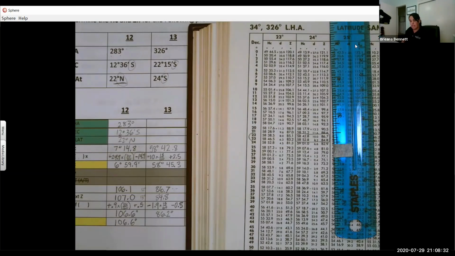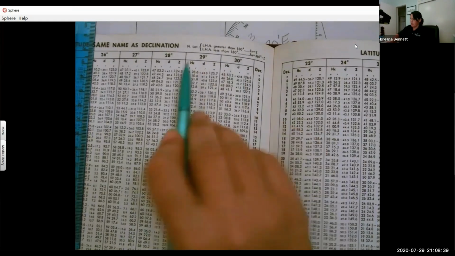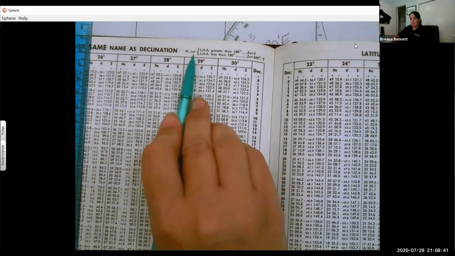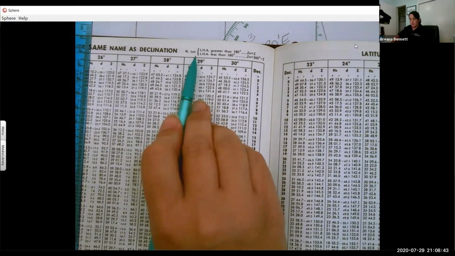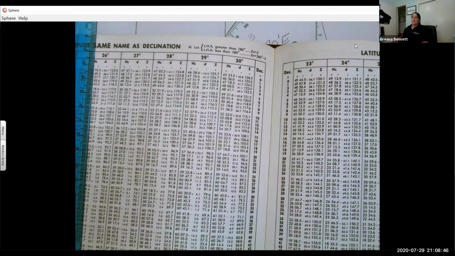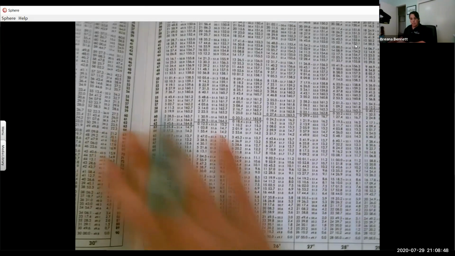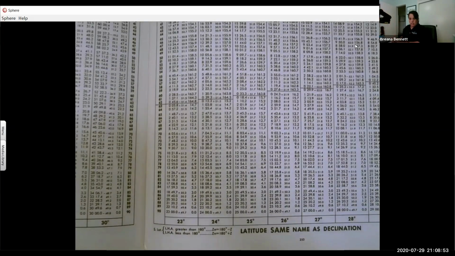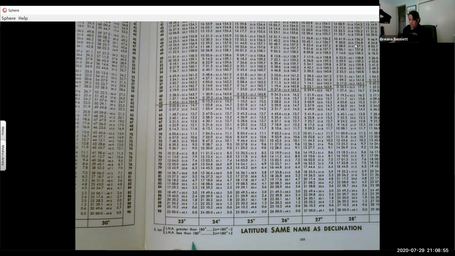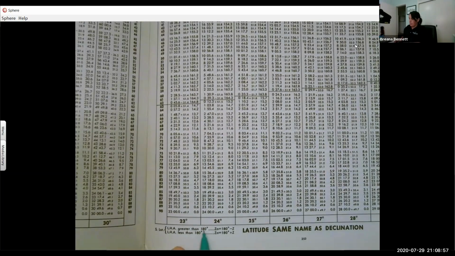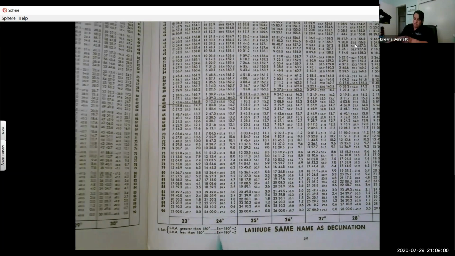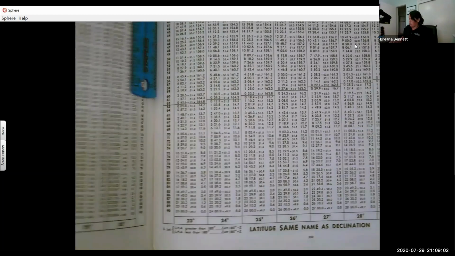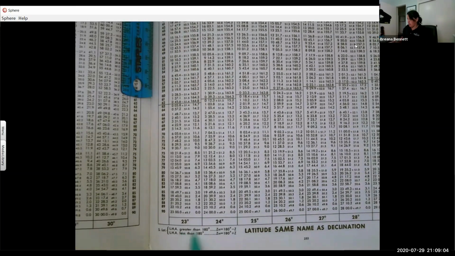Now I need to convert that Z to Zn. So I go back to my rules. This one was for the north latitude, but I am in the southern hemisphere. I'm at 24 south. So I'm going to be following these rules down here. My LHA is greater than 180. My LHA was 326, so my LHA is greater than 180.